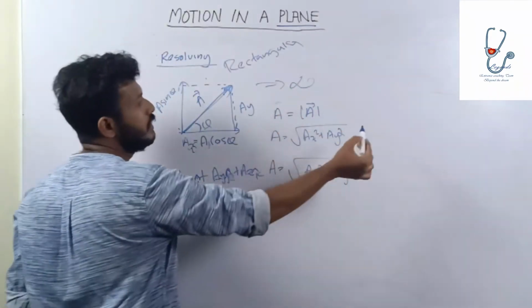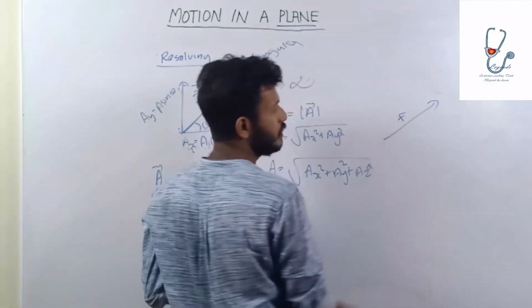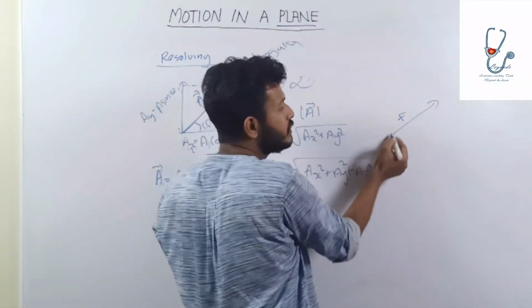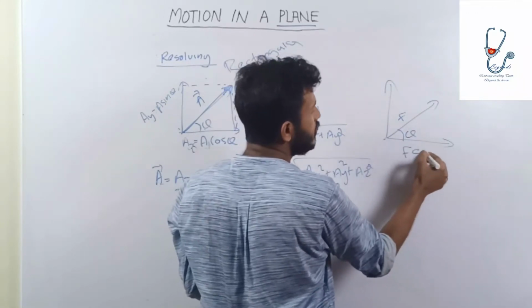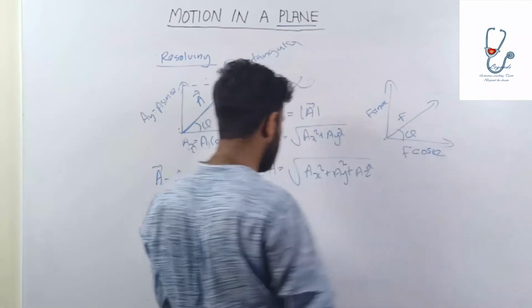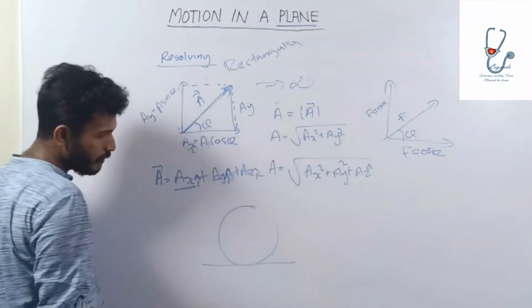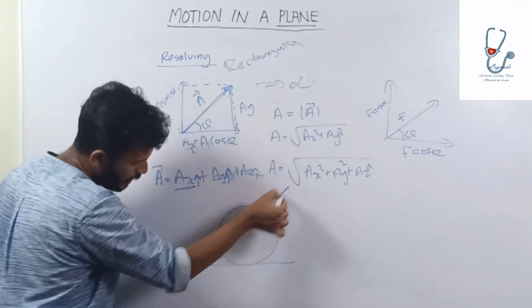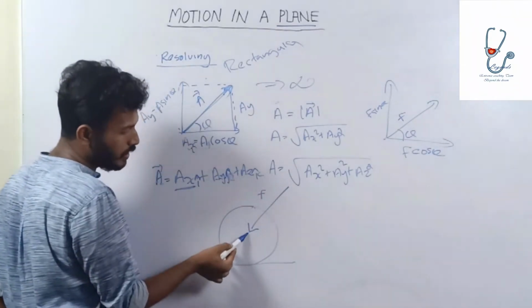Consider vector A, this is a force. How can we resolve this force? Like this. If this is theta, it is F cos theta and this is F sin theta. Consider this is a lawn roller. I apply a force F on the lawn roller.